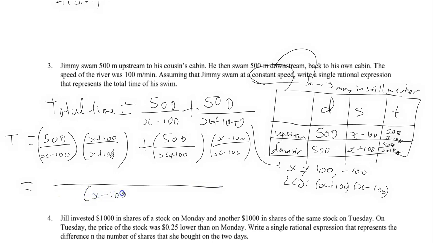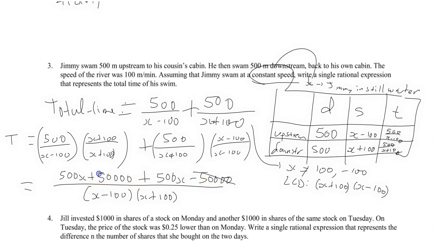I get lazy. I don't want to write out two things, this expression and then this expression. So let's just multiply. We got 500x plus 5,000, plus, because it's total time, so there's another 500x minus 5,000.